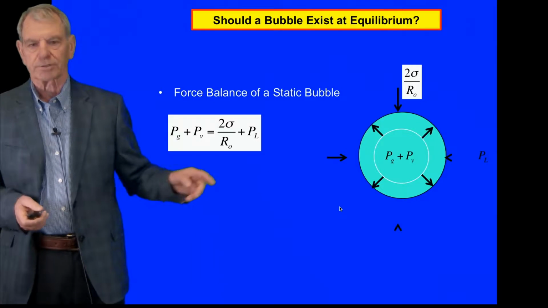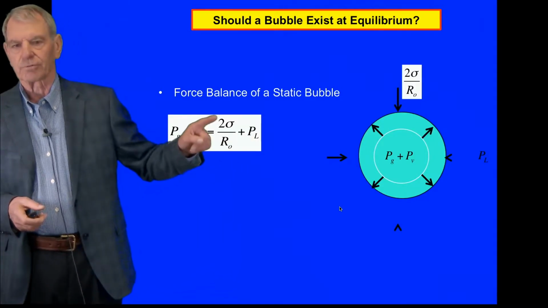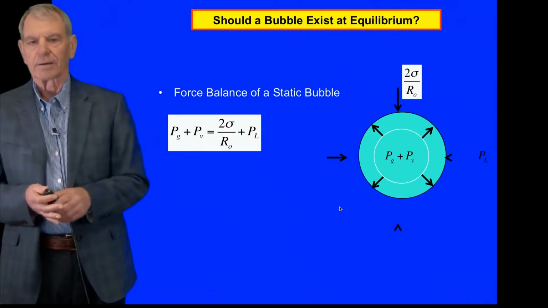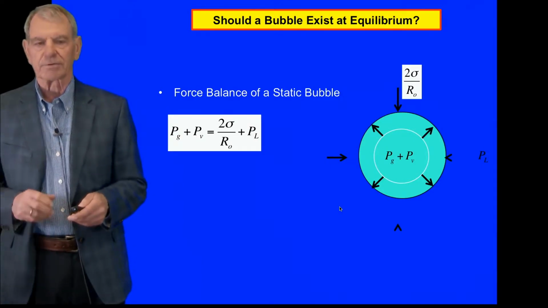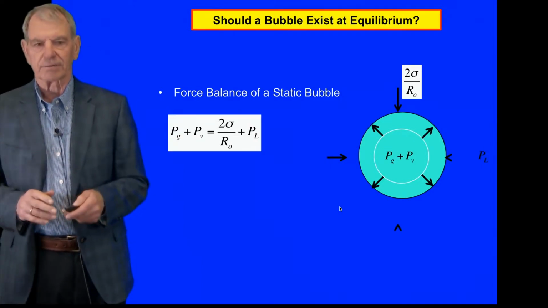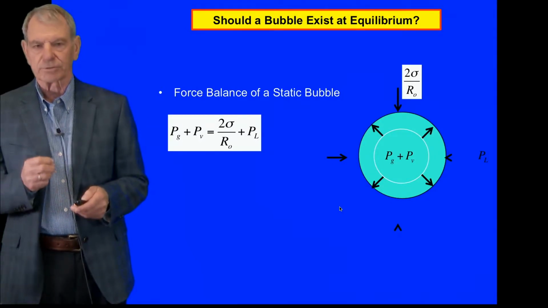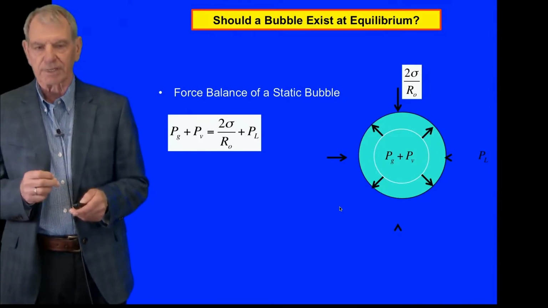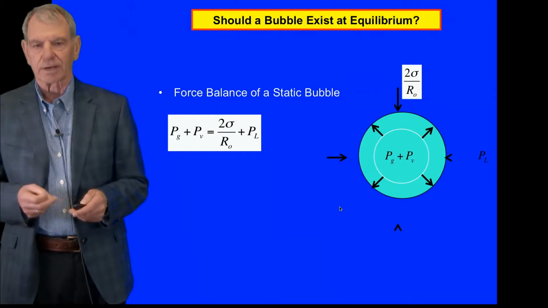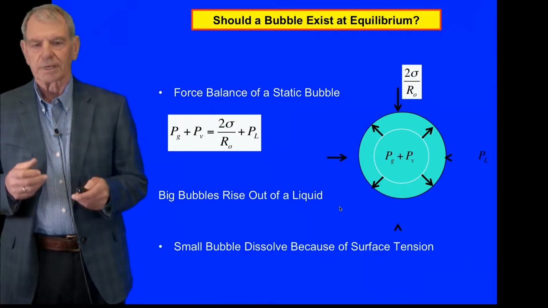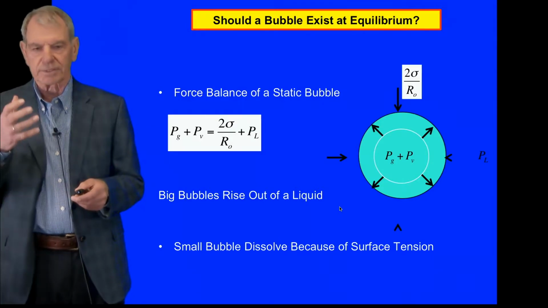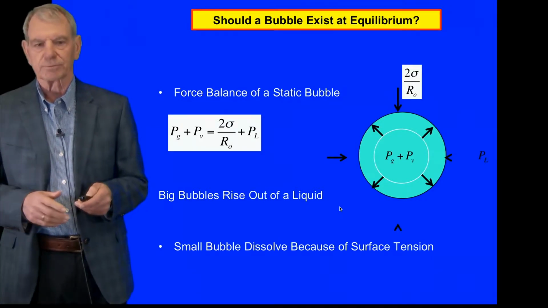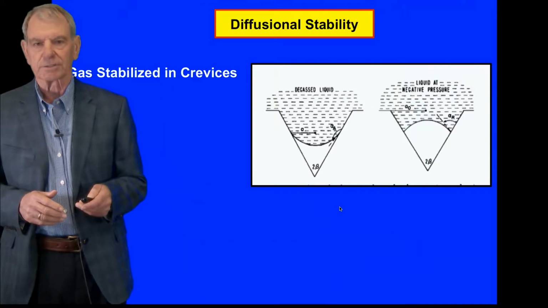The Laplace pressure, 2 sigma over r, means that the surface tension is going to drive the gas out of the inside of the bubble. And so bubbles do not exist freely in a liquid. They all collapse. So there must be a stabilization mechanism. Big bubbles will rise out of the liquid, small bubbles will dissolve because of surface tension.